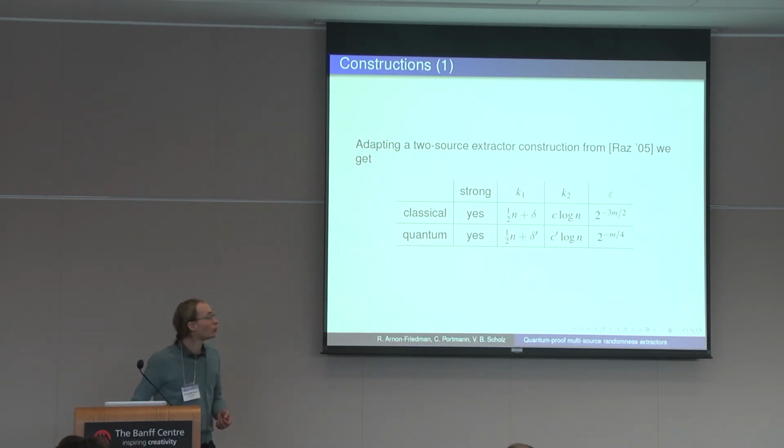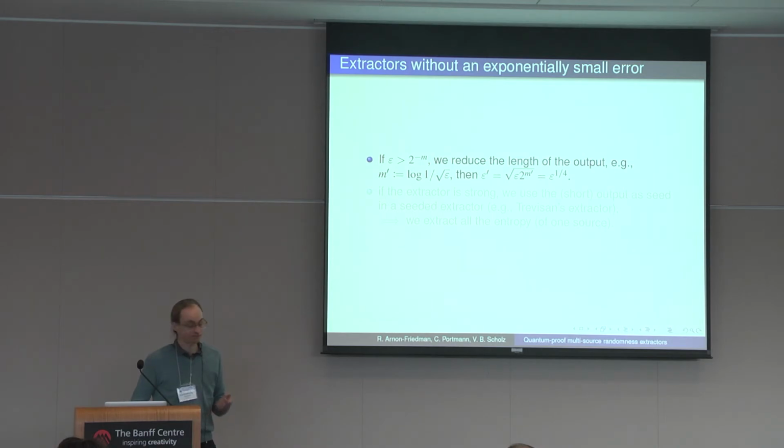Now, not all constructions have this nice behavior. There are interesting constructions which don't have an exponentially small error. So what if we have an interesting construction that has an error which is bigger than 2 to the minus m? We can't apply the theorem to the same parameters.